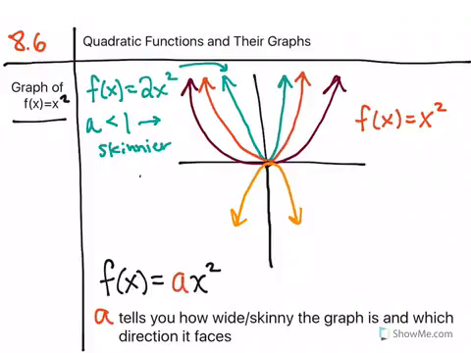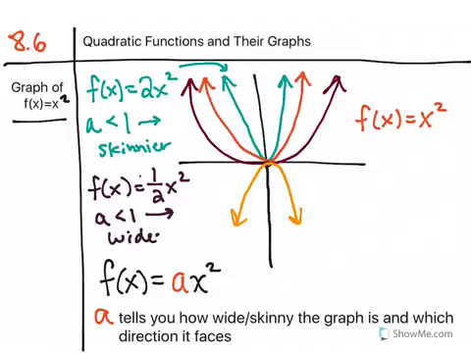Next, let's look at the purple graph. You can see that the purple graph is wider. An example equation here would be f(x) equals 1/2 x squared, meaning that when a is less than 1, a fraction of some sort, the graph becomes wider.